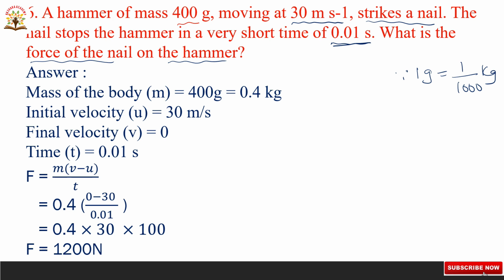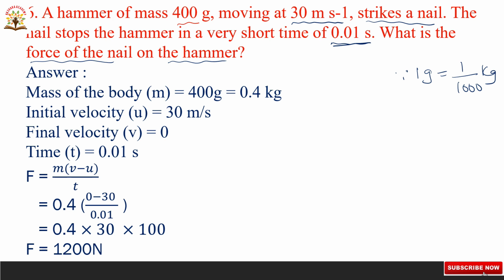Initial velocity u they given as 30 meters per second, and final velocity v is equal to 0. Why v is equal to 0? Here they given the nail stops the hammer in a very short time of 0.01 seconds, nothing but the body comes to rest, so v is equal to 0. Its final velocity is equal to 0. Time they given as 0.01 seconds. Now we have to calculate force F.